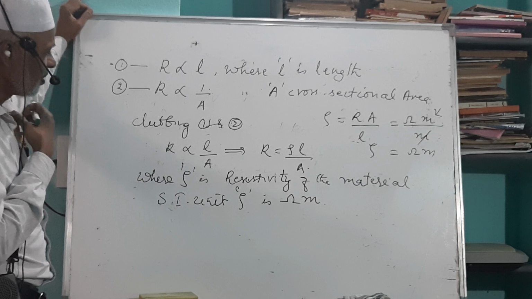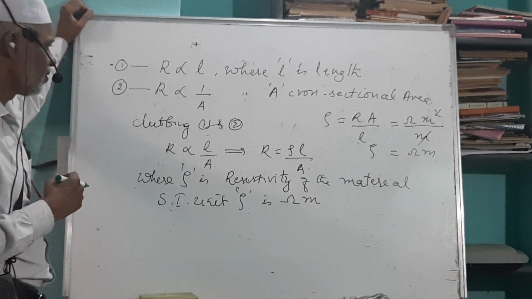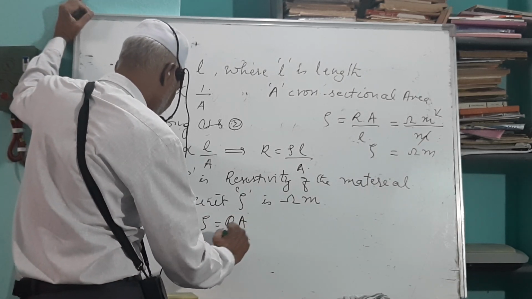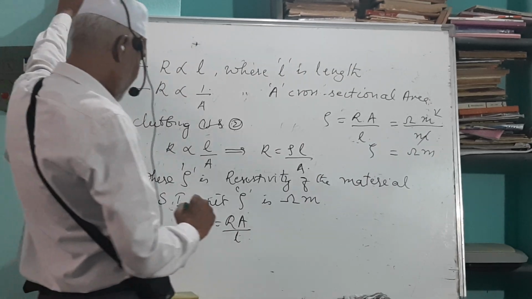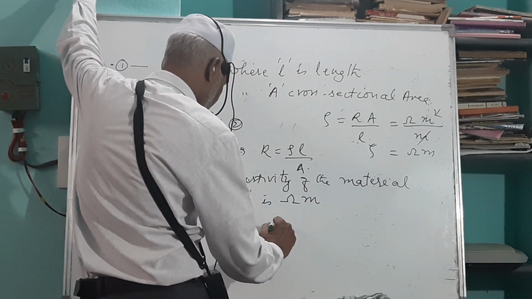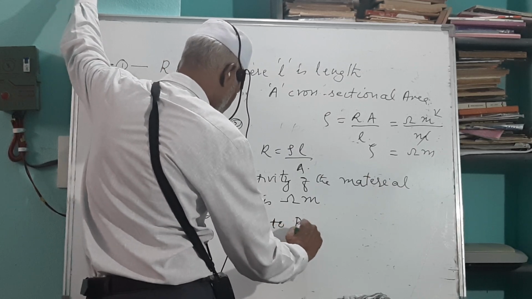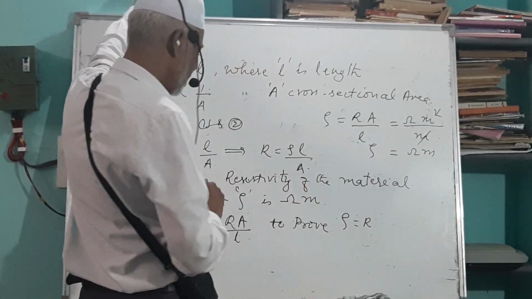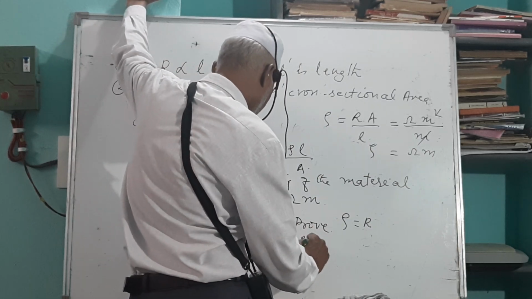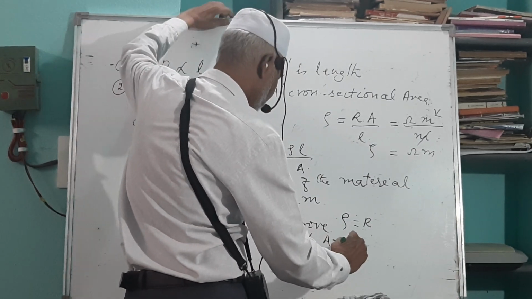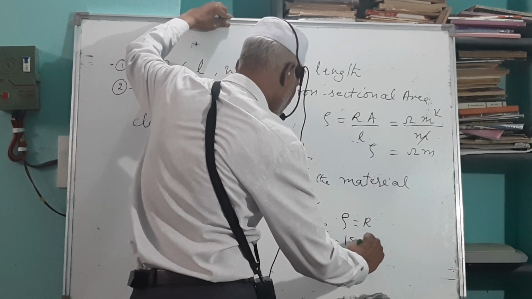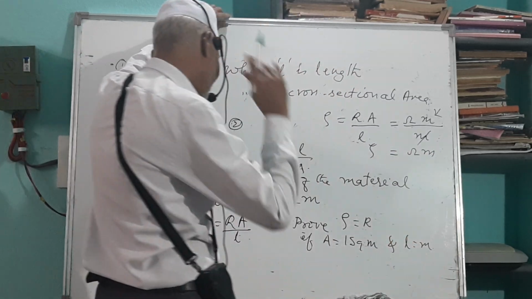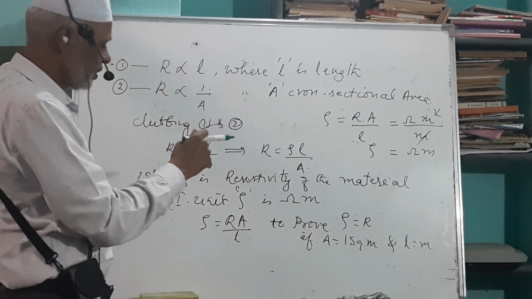In order to design the definition of resistivity, once again you have to consider the above expression, rho is equal to RA upon L. To show rho is equal to R, this is possible only if A is equal to 1 square meter and L is equal to 1 meter.